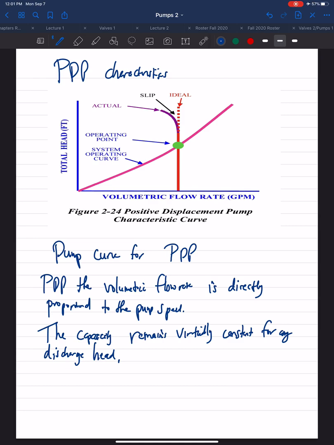So in this pump curve, the x-axis is the volumetric flow rate, the y-axis is the total dynamic head. This pink line is the operating curve here.